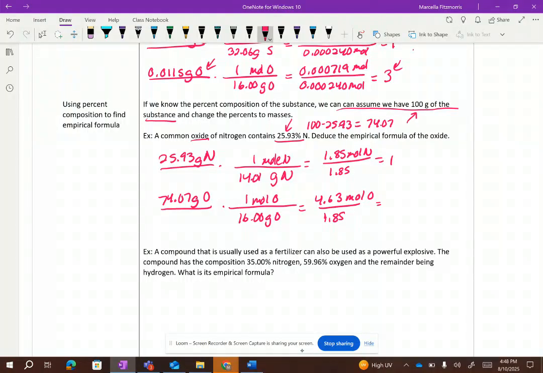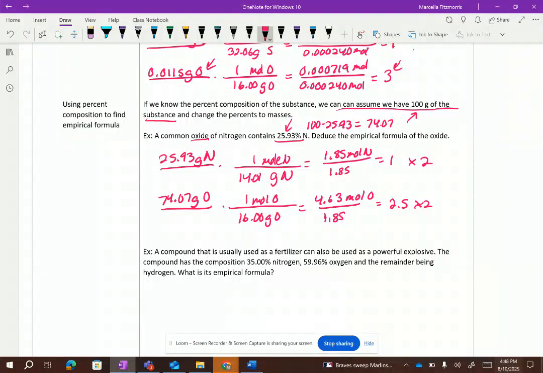Okay? Now we got another one. In this one, we have a composition that has 35.00% nitrogen, which we change to grams. We've got 59.96% oxygen, which we change to grams. And the rest, so what's the rest?